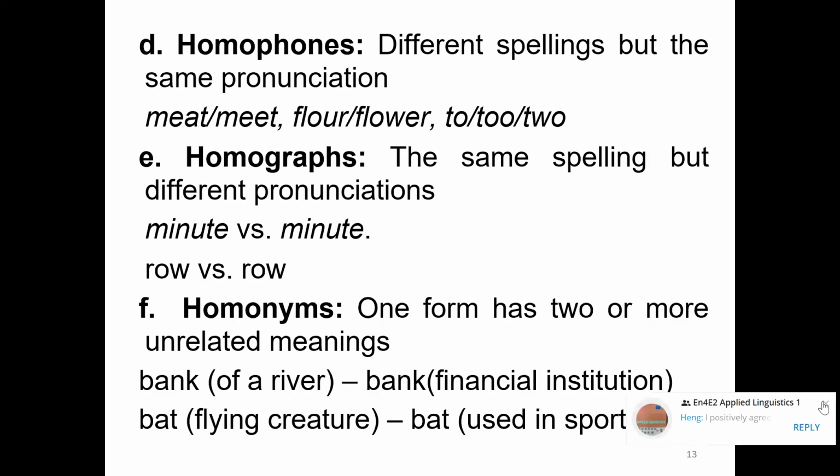Okay, they spell exactly the same, but their pronunciation is different. Let's see this. Row, okay, you may spell this one. Remember, the meaning is also different, okay? The meaning is also different. Remember, minute and minute. Row, row.